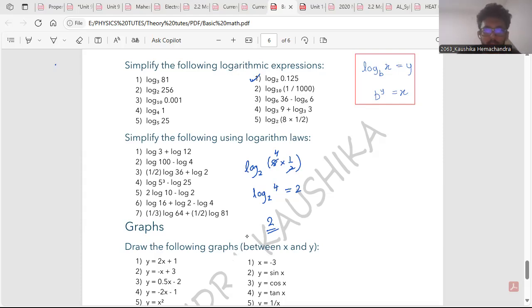Yes, one of you has sent the answer. Now, 0.125 is something which is less than 2. So it can't be 2 to the power 1. No? 2 to the power 1 is 2. So it has to be something less than that. Then most probably it will be a negative power.